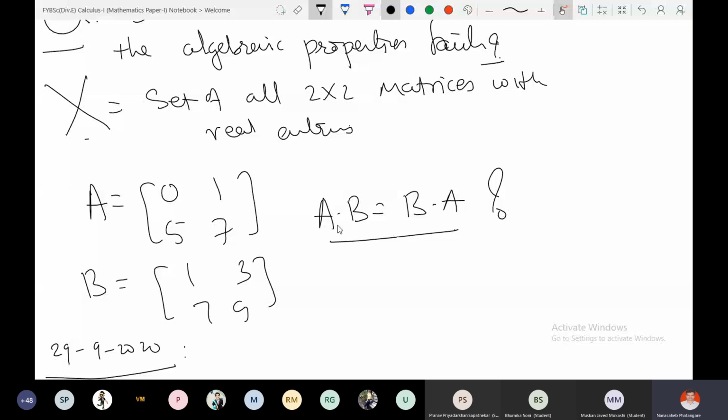This property, commutativity of multiplication, fails in matrices. If you take two matrices and multiply them, you find that the product of A and B is not the same as the product of B and A. Right? So that you can check.